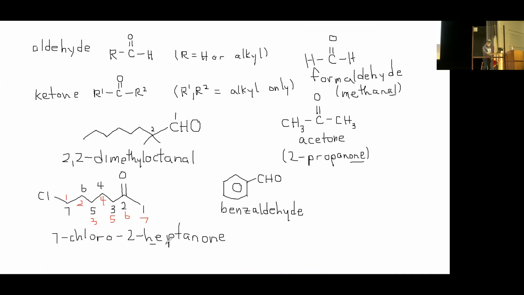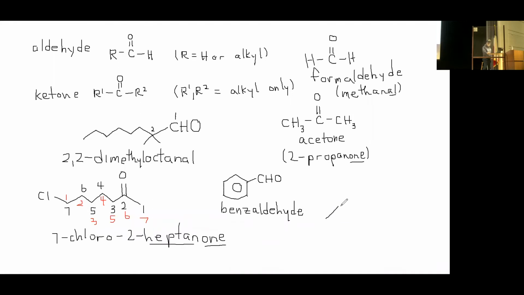So again, heptane, just like 7 carbons with a 7-carbon alkane, and -one for the ketone ending, and 2 to say where the ketone carbonyl is. So the alternate name would be the red numbers. It'd be 1-chloro-6-heptanone. It just seems weird to me for the chlorine to take priority over the ketone. I think the ketone would take priority since that's what we're naming it as. So I think that's the better name. The other name seems a little weird to me.